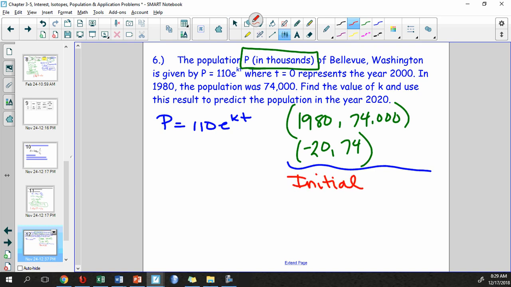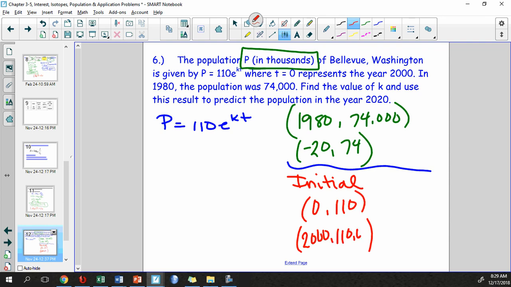population or measurement. We like 0, don't we? What does 0 mean? 0 represents what year in this problem? So in 2000, do we know what the initial population was? No. Yeah, we do. Think PERT. 110, right?